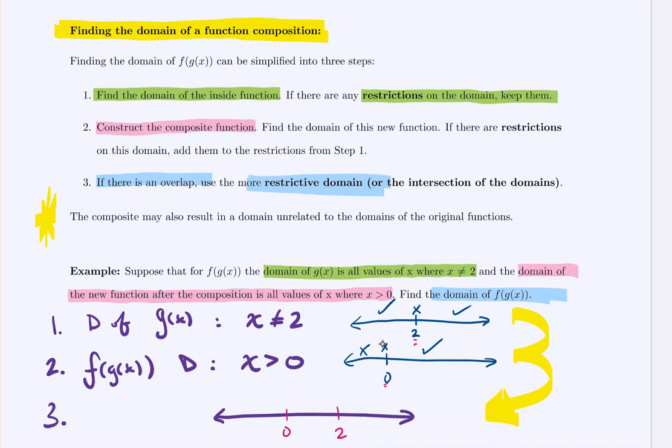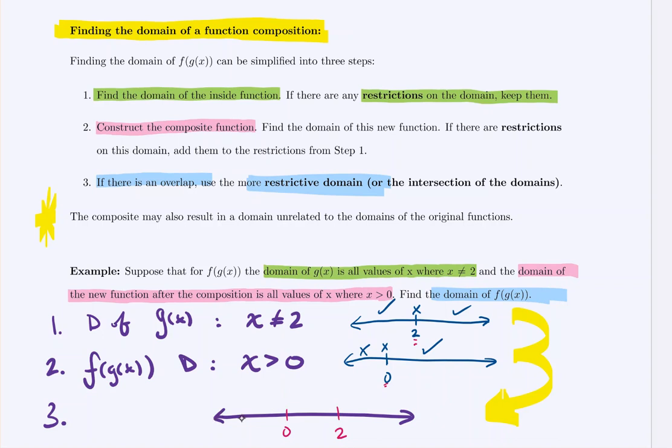If it fails for any point in either one, it fails in the final. So our first section, if we're looking at this overall graph, do we agree we've got everything before 0, at 0, between 0 and 2, at 2, after 2. So I kind of see this as 1, 2, 3, 4, 5 sections that I need to think about.